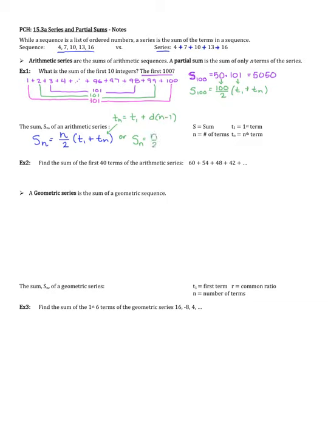So you still have n over 2, but now I've also got the other t sub 1 here, so it's going to be 2 times t sub 1 plus d times n minus 1. And this is the one you want to use when you don't know t sub n.